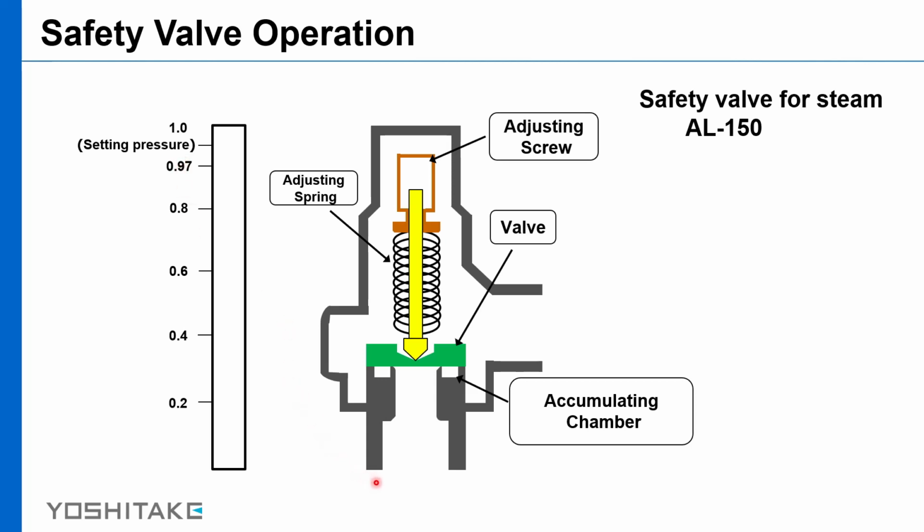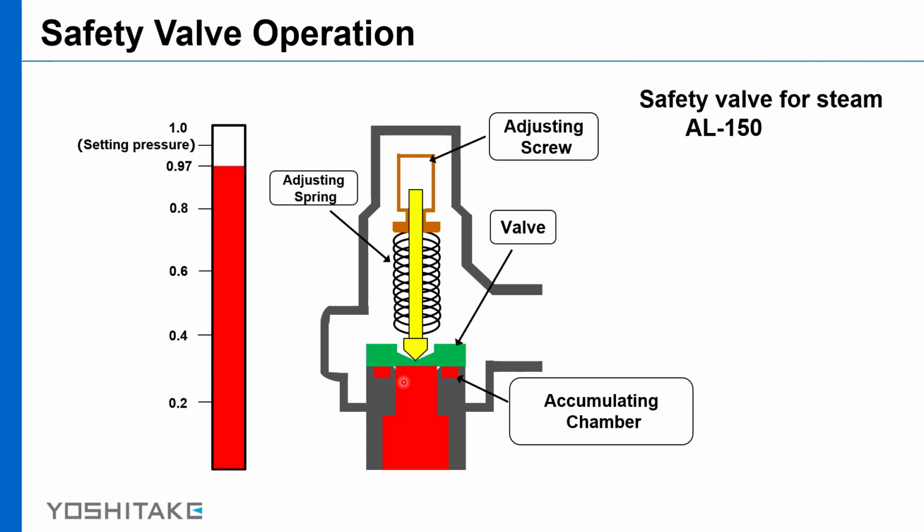From the inlet, the steam flows in. When it reaches 97% of the set pressure, here 0.97 megapascal, the steam flows into the accumulating chamber.